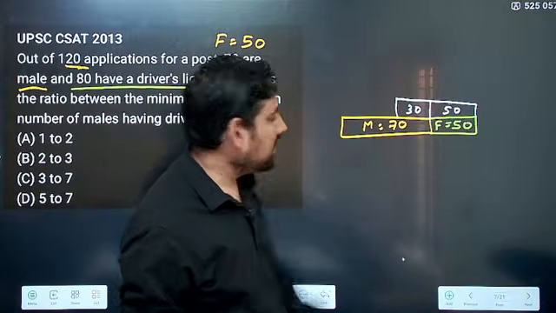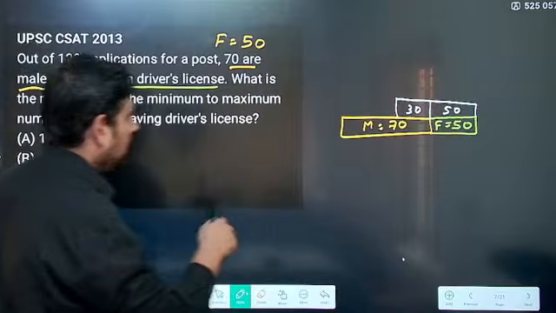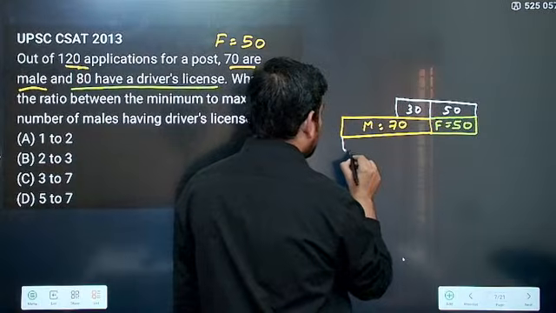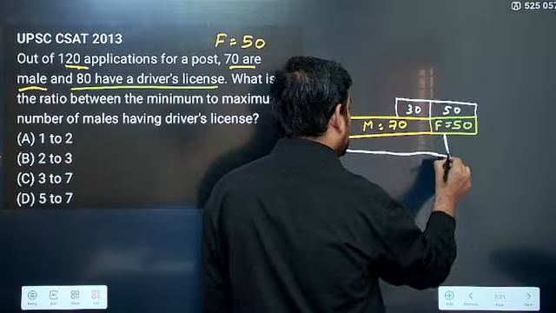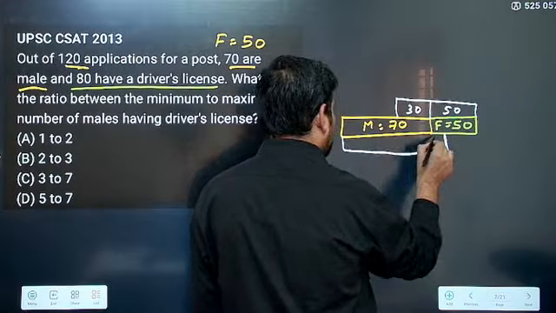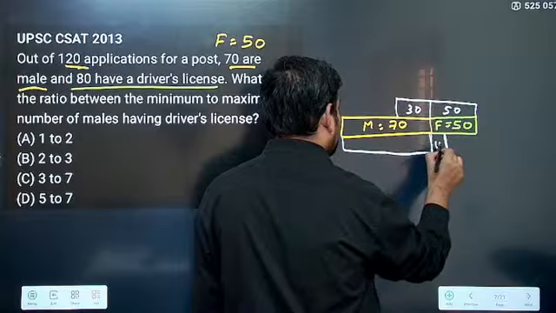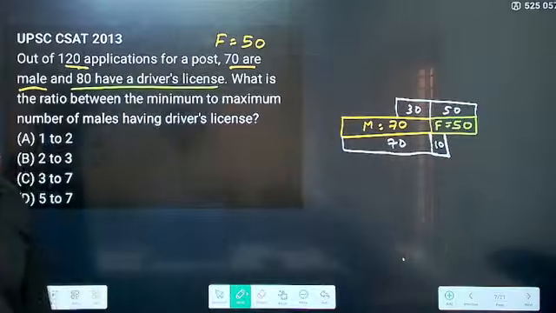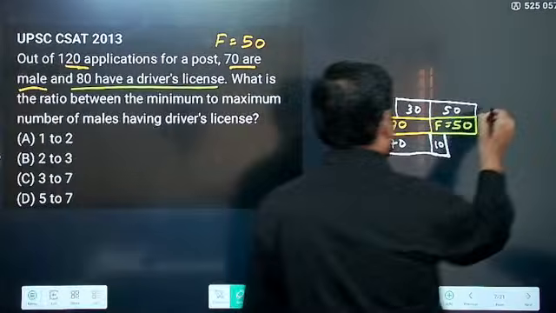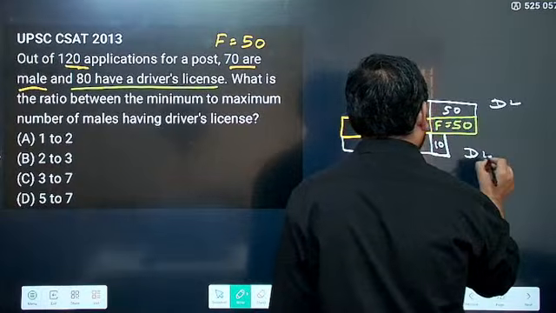So 50 and 30. Then from here I start. Again I have to go 80, so I have to go beyond 70 and get here. This is 80, so if I divide it, this has to be 10 and 70. This is for driving license.